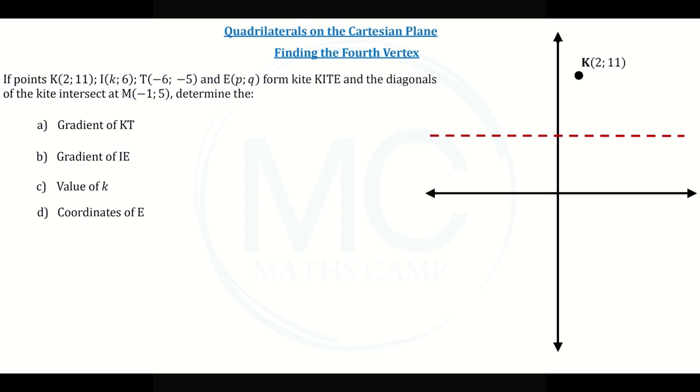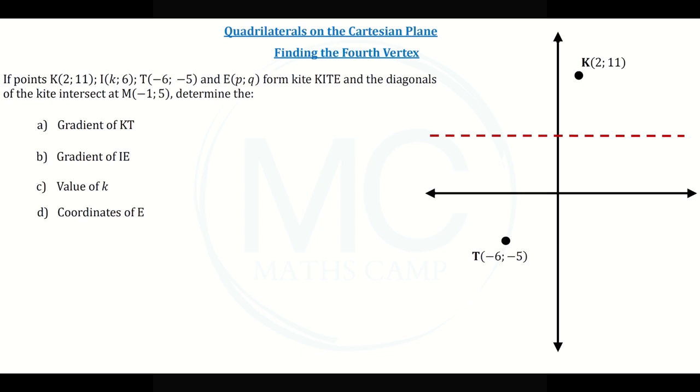Let's leave this for now and move on to point T with coordinates -6, -5. We can draw this point down here and label it T along with the coordinates. We don't have either coordinate of point E, so at this stage we don't know where it will go. We know that the kite has two diagonals.